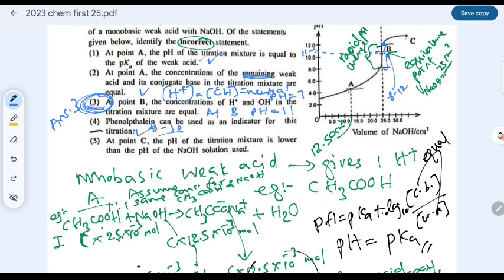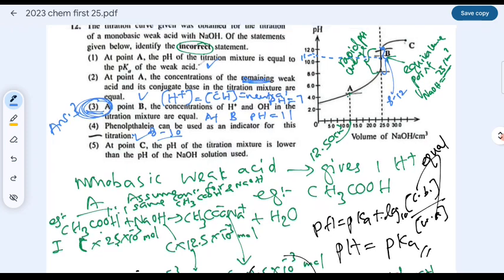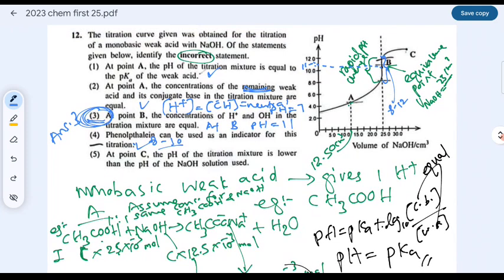Fifth one: at point C, the pH of the titration mixture is lower than the pH of the sodium hydroxide solution used. What about that? Now at C, the pH is about 12. The weak acid has finished and more sodium hydroxide is being added, which means the pH is high there.